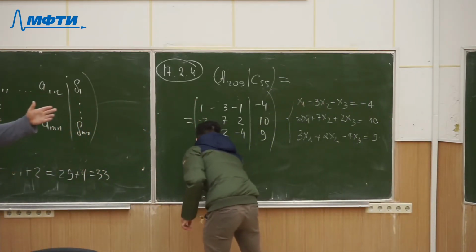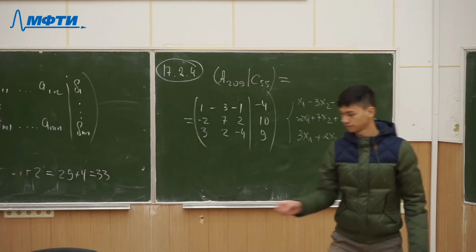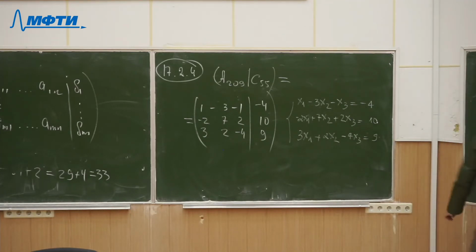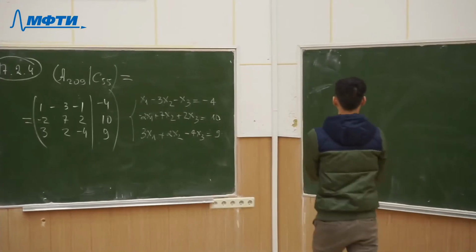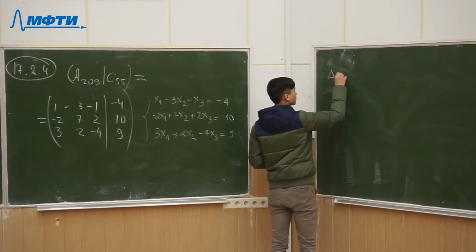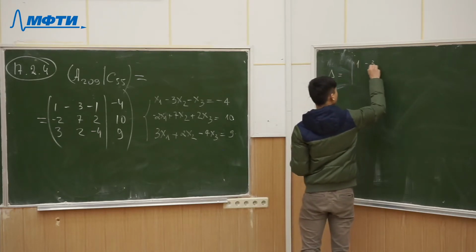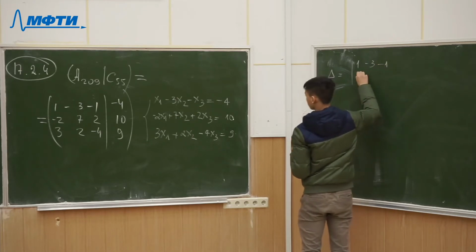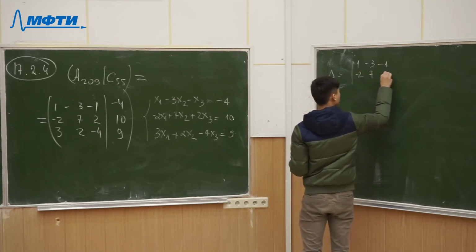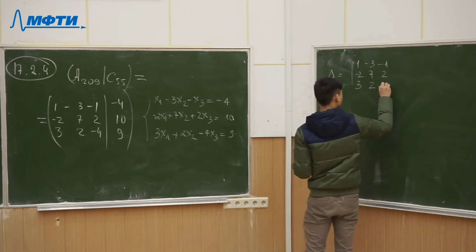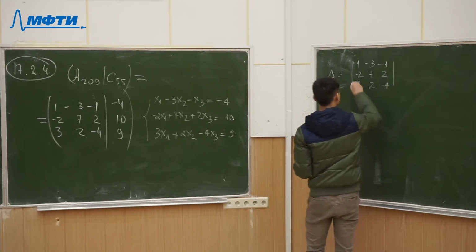Maybe you can use the right blackboard. 1, minus 3, minus 1, minus 2, 7, 2, 3, 2, minus 4, equals.